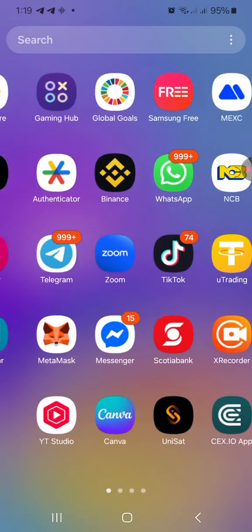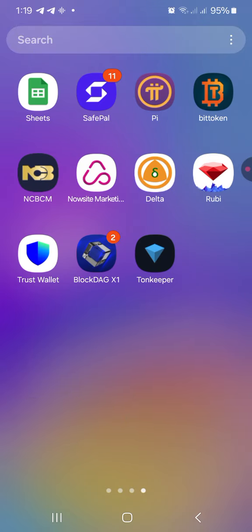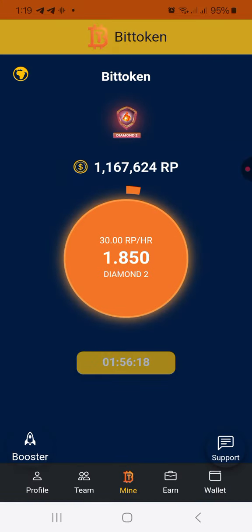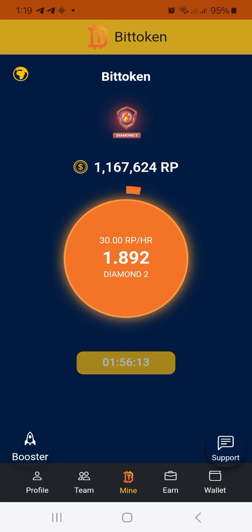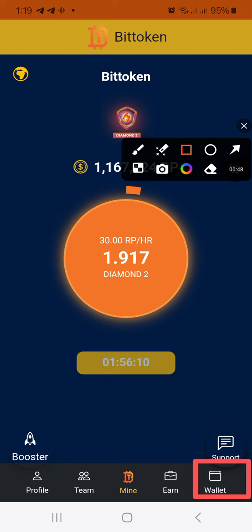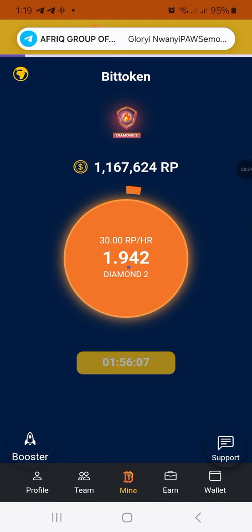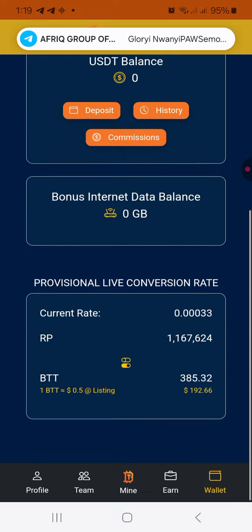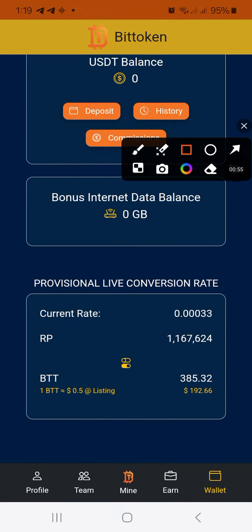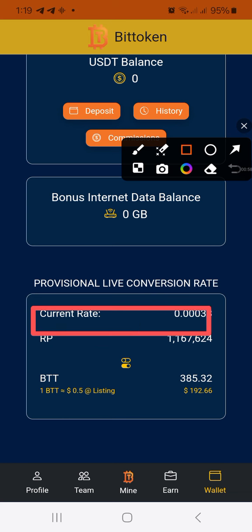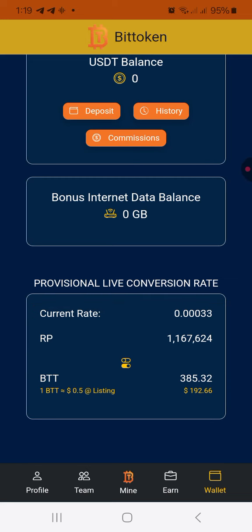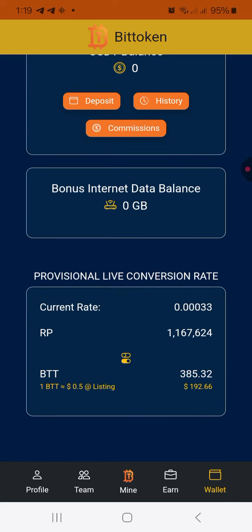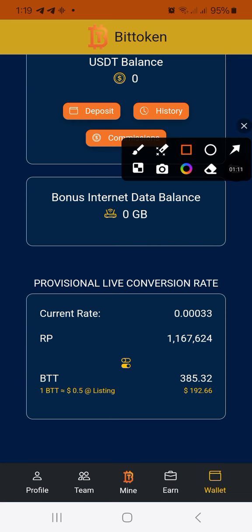So let me just go to the Bittoken app. Now, a lot of us have been accustomed to coming here in the wallet section of the app, and all our concentration is on this area. Most times we only look at the dollar figure, the US dollar figure.